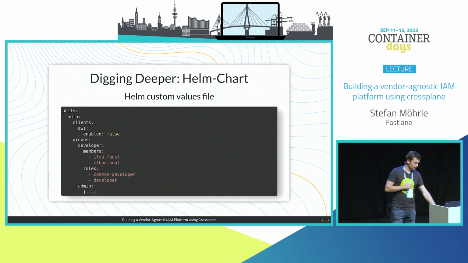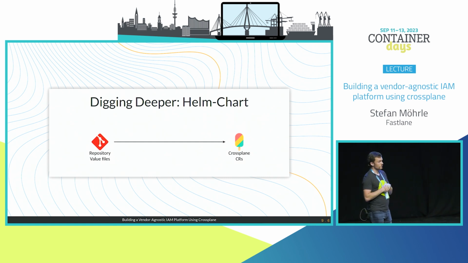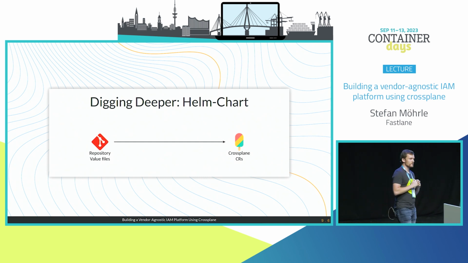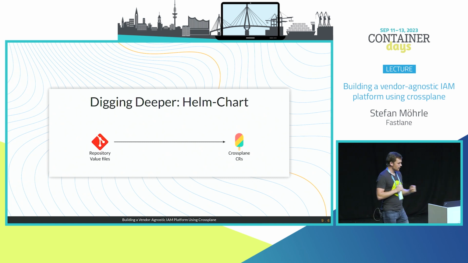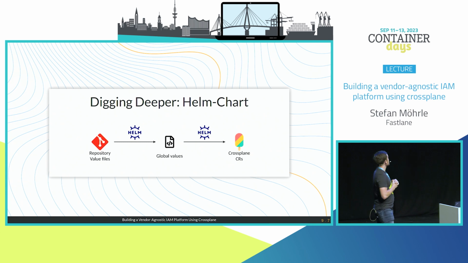Yeah, and by having all this information, we got into one problem: the generation of Crossplane resources got quite complex, because the Helm templates got quite complex, and this is where we then introduced an intermediate step. So we use Helm in 2 stages.